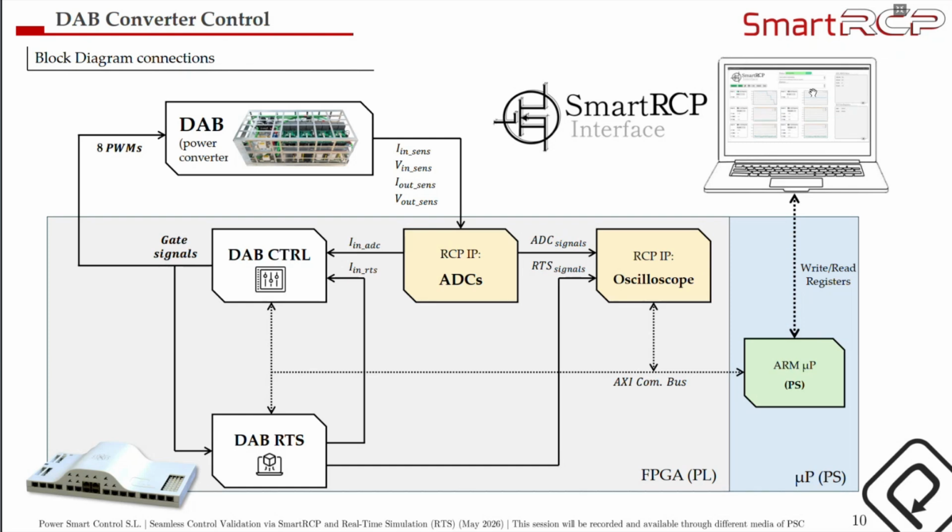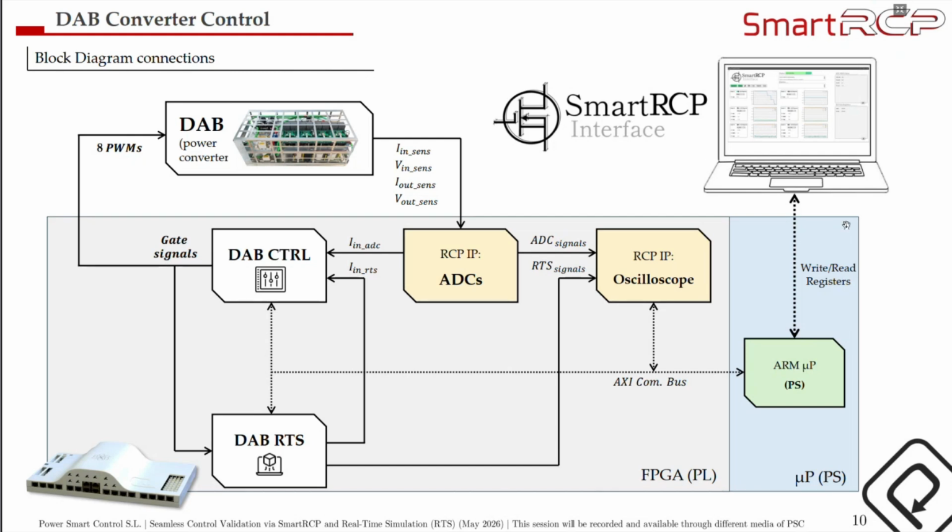First, we will have the SmartRCP user interface, where we can control and parameterize everything that we have in our firmware, both for the control side and the real-time simulation side. We can start and stop the operation of the converter, and we can see the error signals and everything from the firmware side.